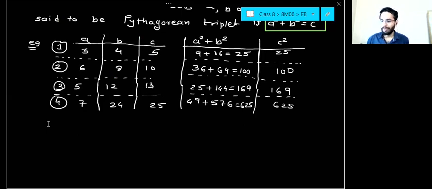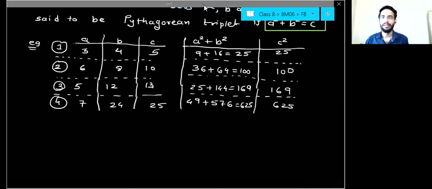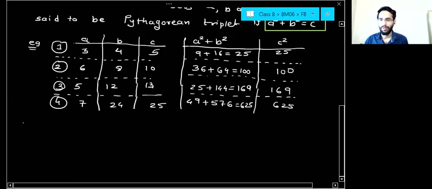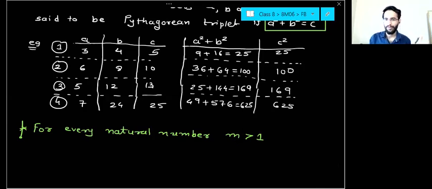Now what I'm going to show you is the most important property based on which we are going to solve so many questions. See here. For every natural number m greater than 1, I should take the value of m from 2 to infinity, 2, 3, 4, 5, 6, up to infinity.